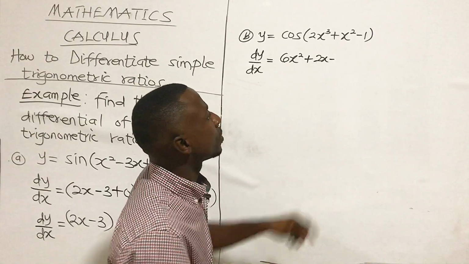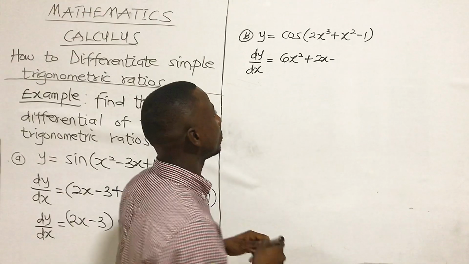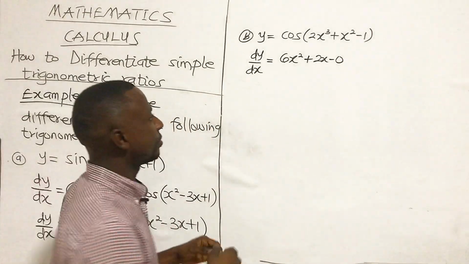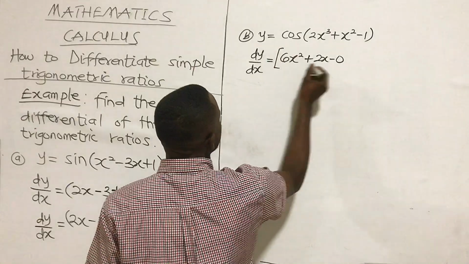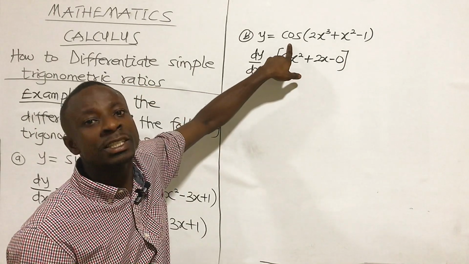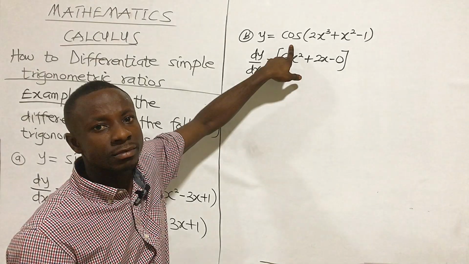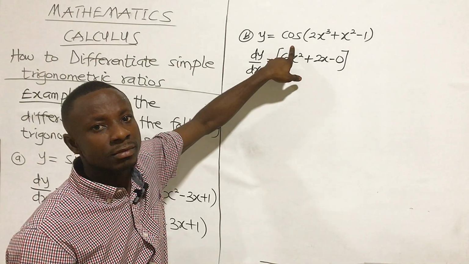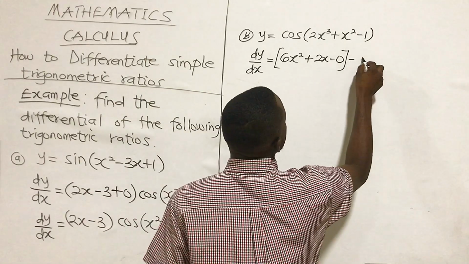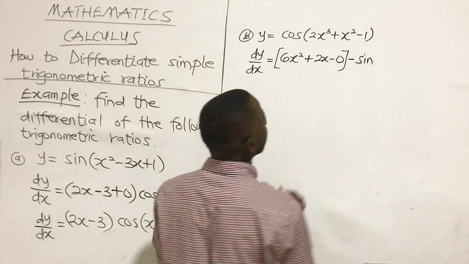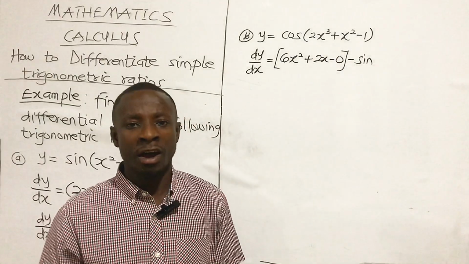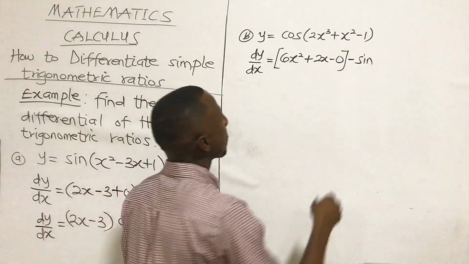minus, but when I differentiate 1, I am getting 0 in a big bracket. Then I will now differentiate the trig itself. And when you differentiate cos, we are getting negative sine of the main function we have within the bracket.